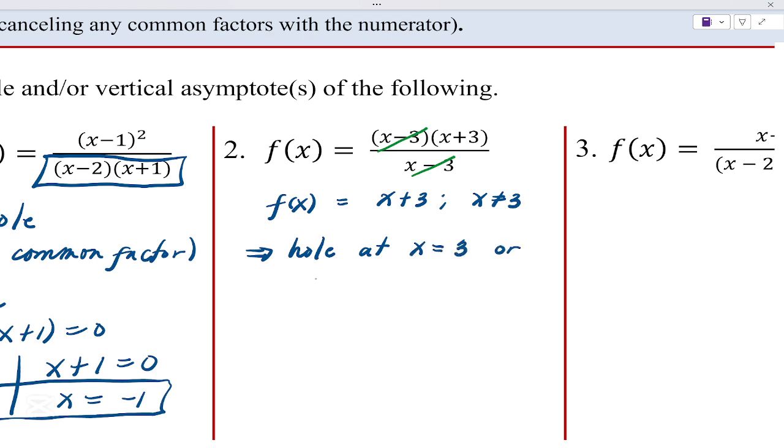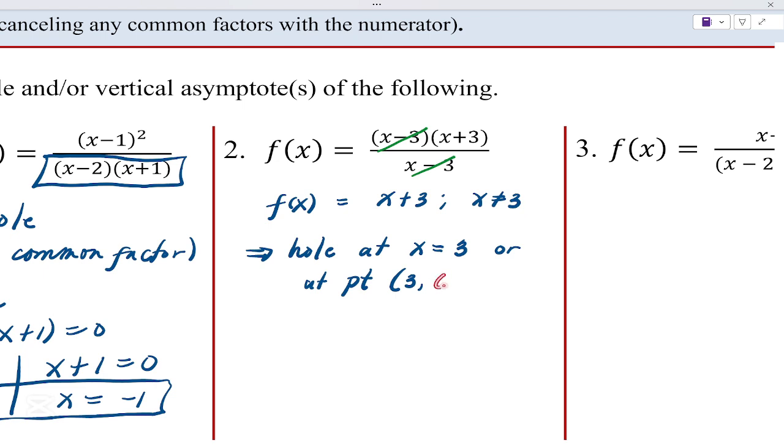Since a hole is a point, we will put an open point at 3, comma, and to find the y value of the point, we substitute x equal to 3 in this function. We get the y value, which is equal to 6.